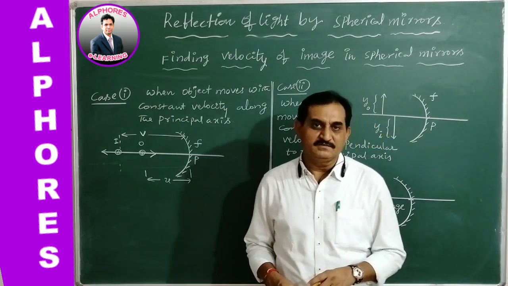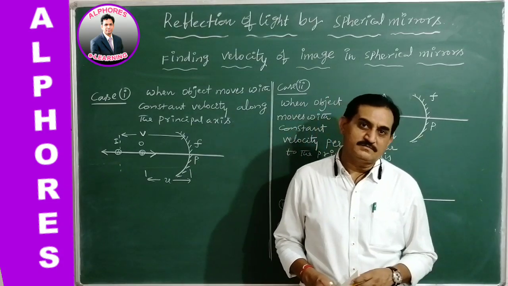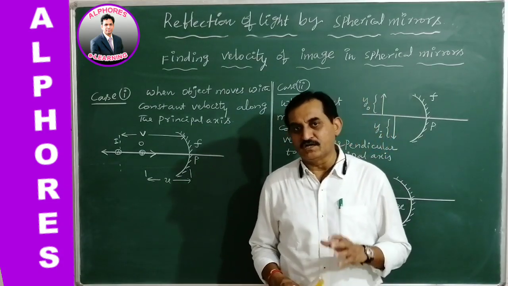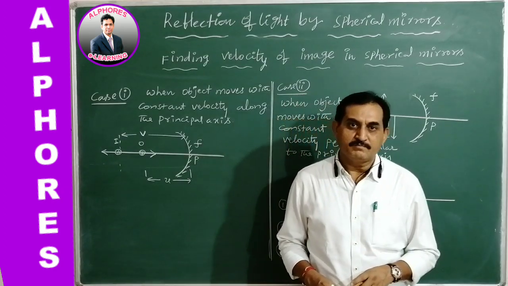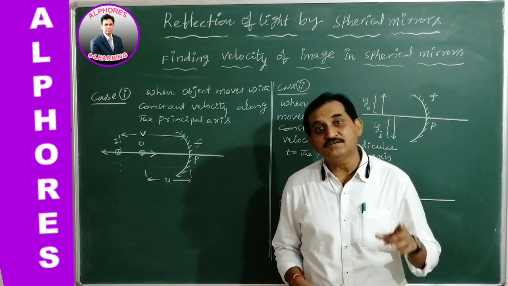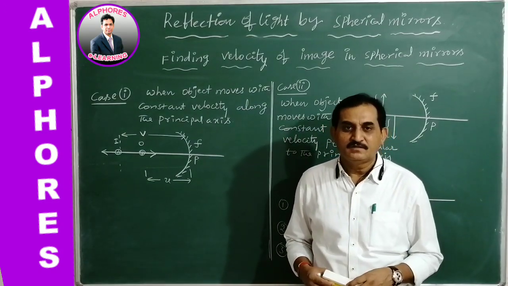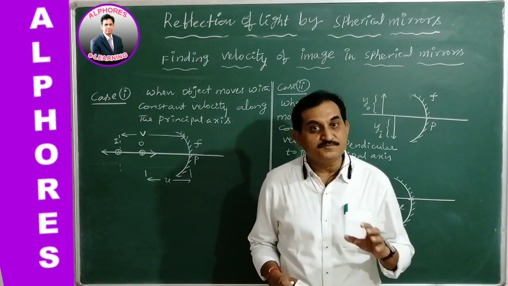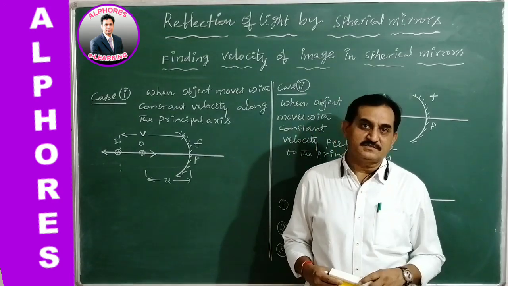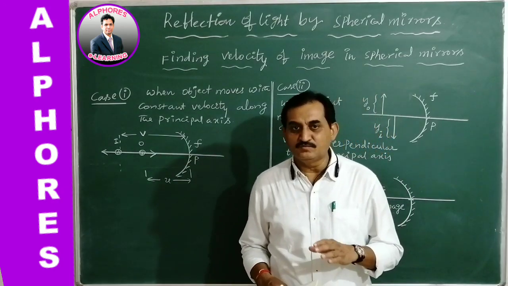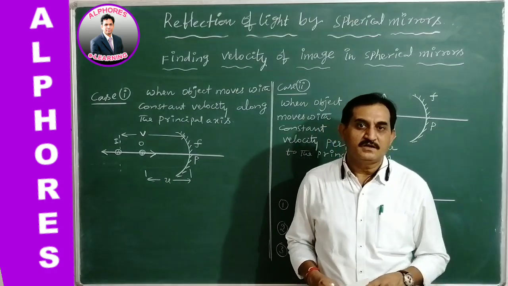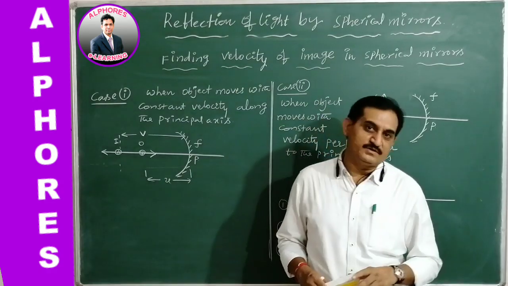All these formulae are valid for both mirrors, concave and convex. The formula obtained after derivation is for spherical mirrors, not for concave mirror alone and not for convex mirror alone.